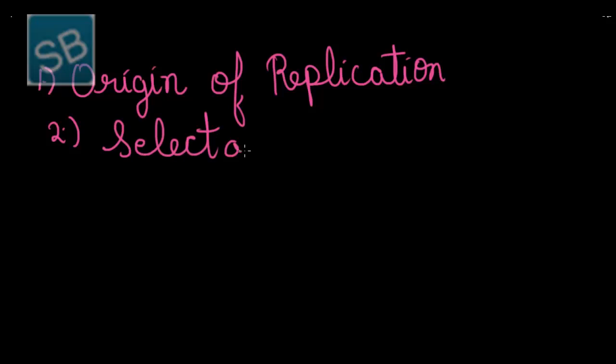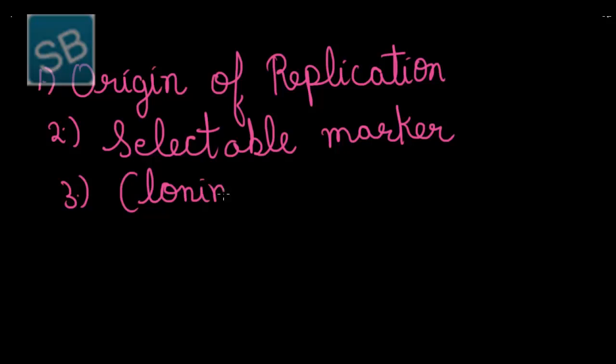Along with this, there are a few features required to facilitate cloning into a vector: first, origin of replication; second, selectable marker; third, cloning site; and fourth, vectors for cloning genes in plants and animals.